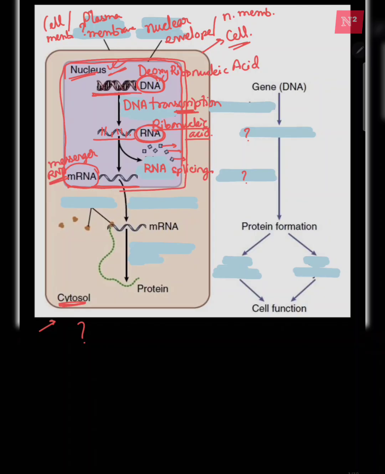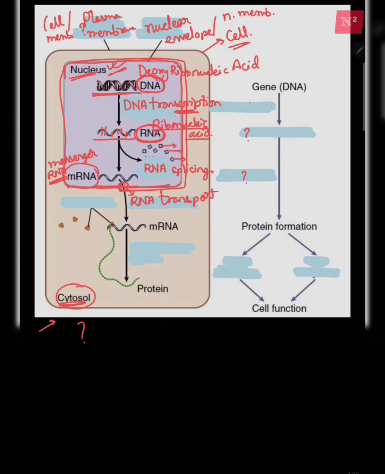But the production of protein has to be done in the cytosol, so we need some vehicles. There are some transport proteins which help in transporting this mRNA. These are called the RNA transporters, and this process is called RNA transporting. The RNA transporters help in transporting the mRNA to the cytosol.